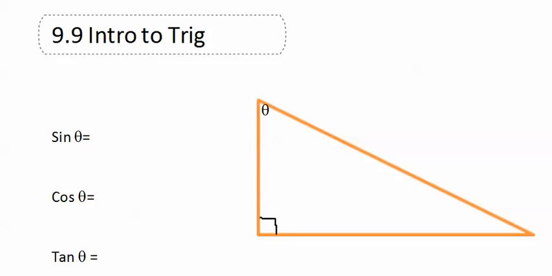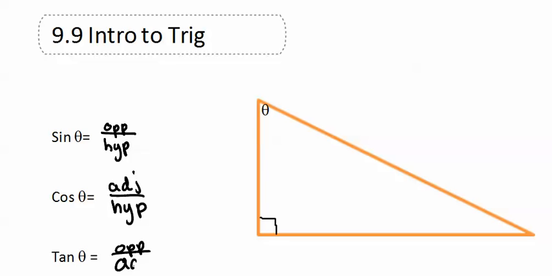So what sine would be is the ratio of the opposite side over the hypotenuse, whereas cosine is the adjacent over the hypotenuse, and tangent is opposite over adjacent.